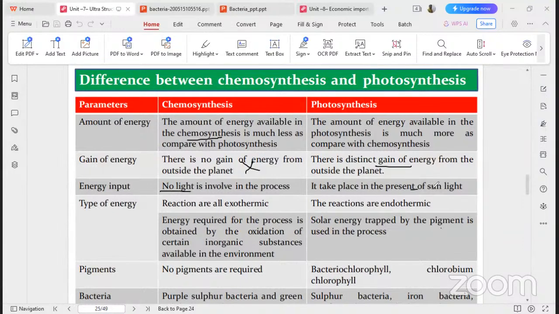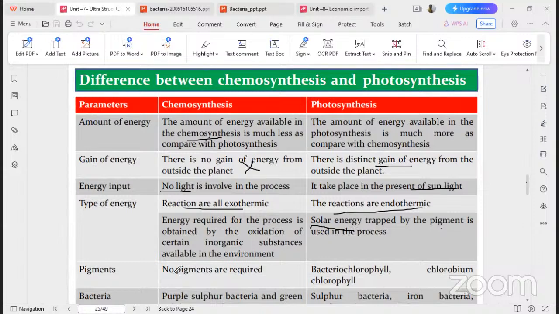Here the reaction is exothermic, energy releasing; there it is endothermic, energy fixing. In chemosynthesis, the energy required is obtained by oxidation of organic or inorganic substances in the environment, but in photosynthesis it depends upon solar energy.